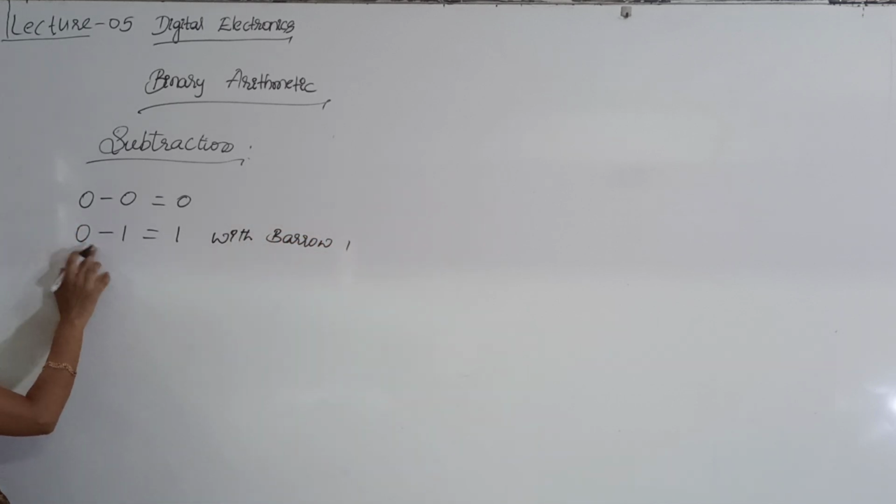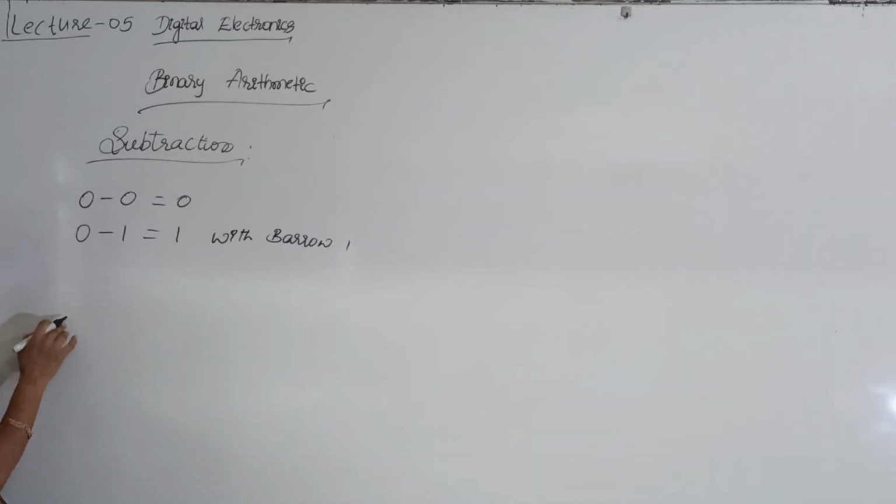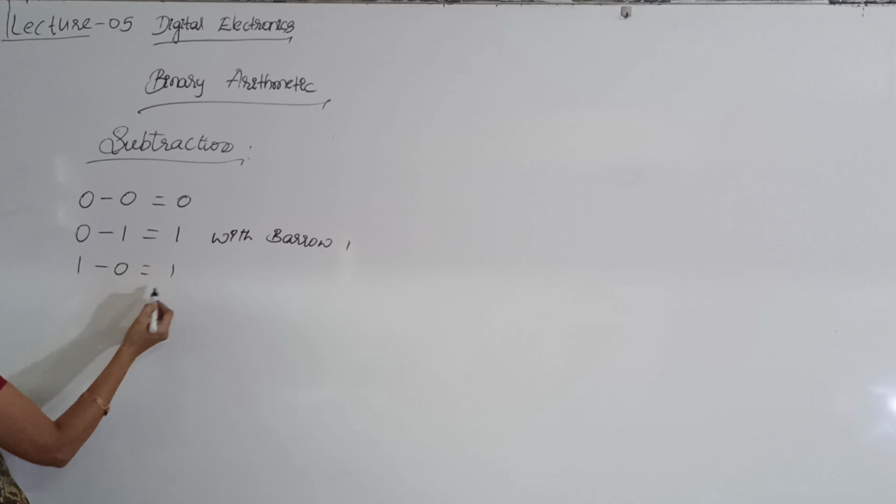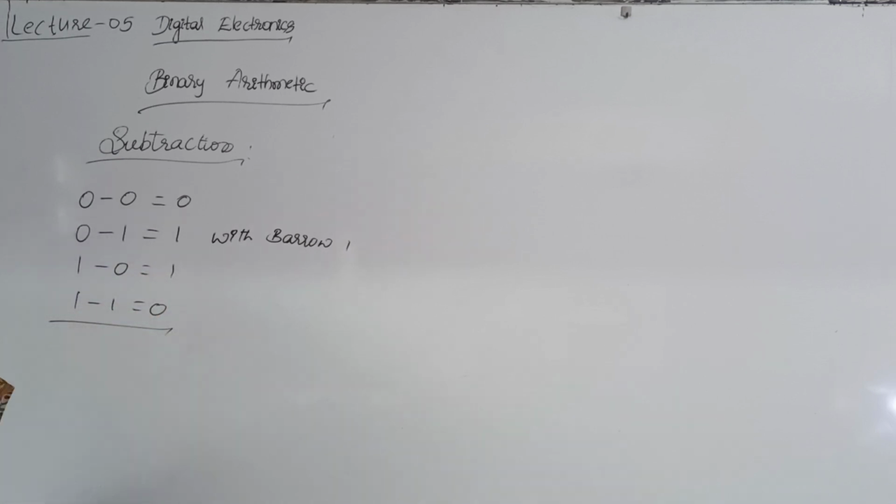That means 0 minus 1 you cannot do, so you will take a borrow, that will be 2. 2 minus 1 is 1. Okay. 1 minus 0 is 1. 1 minus 1 is 0. This you should be knowing. Okay.